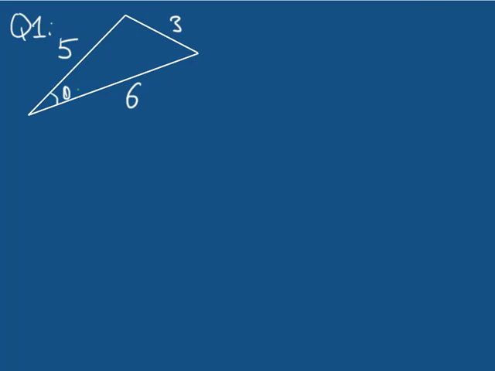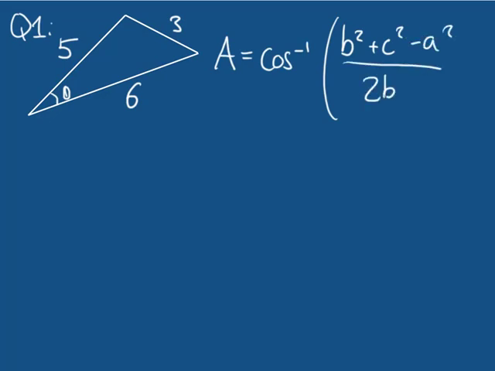Okay, welcome back everyone. Earlier we saw how we can rearrange our cosine rule to solve for an angle. I'm not going to go through the rearranging again, but we saw that our angle A is equal to the inverse cosine of b squared plus c squared minus a squared over 2 times b times c.